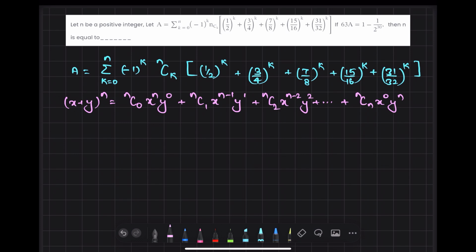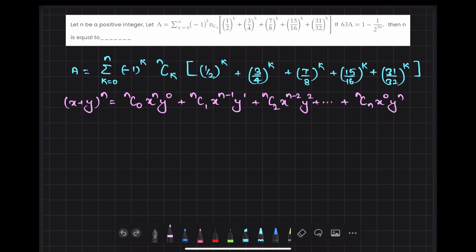Correct or wrong? Now look at your nck. So k starts from 0 to n, means you will have nc0, nc1, nc2, nc3, nc4, dot dot dot ncn. Correct? So we have all the binomial coefficients.